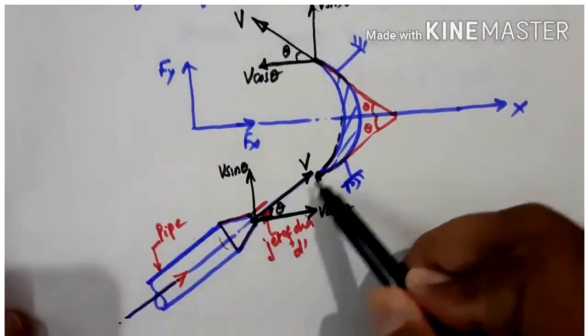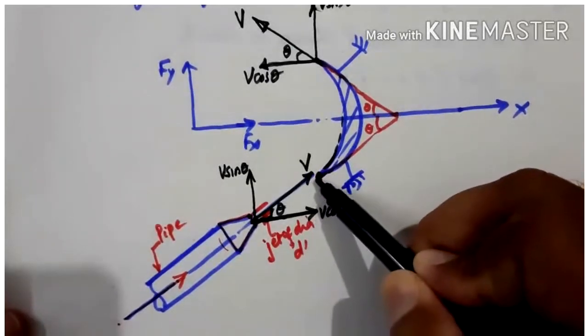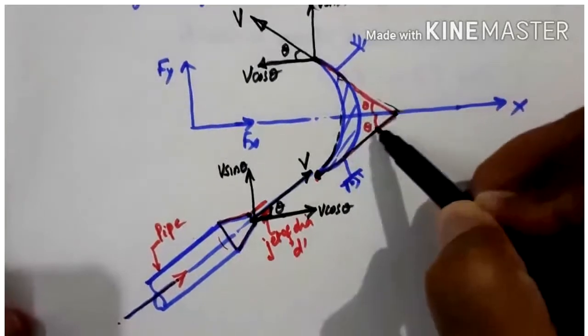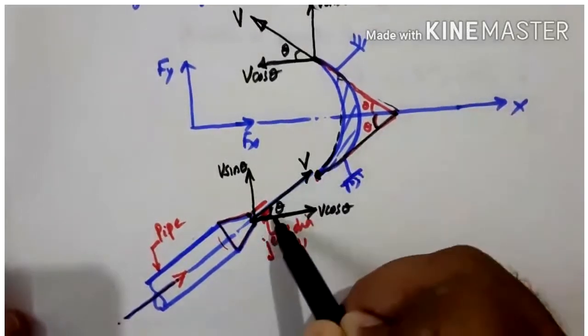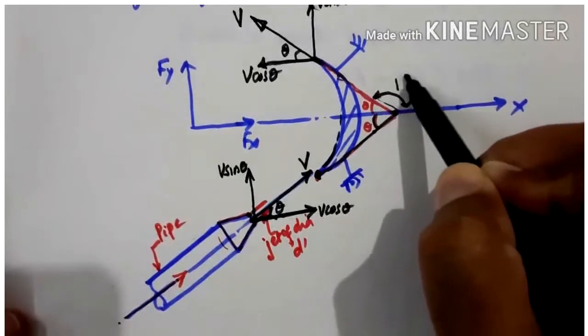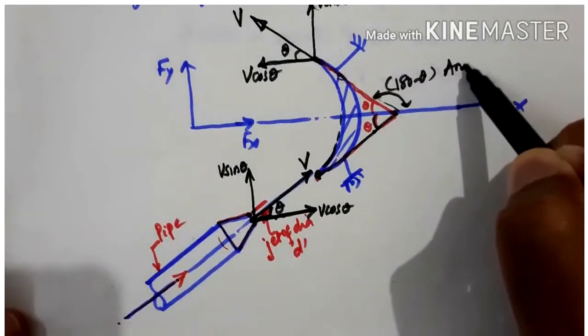While entering, it makes an angle of theta with the tangent, so this is also theta, and this angle is 180 minus theta. This is called the angle of deflection.